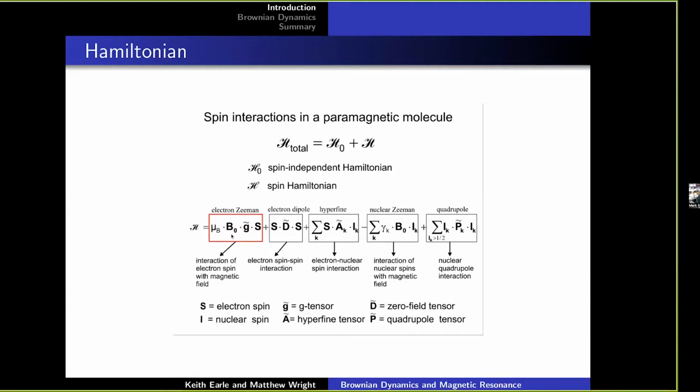So the magnetic field gives us a dial in order to select out the relative contribution of various terms in this Hamiltonian.